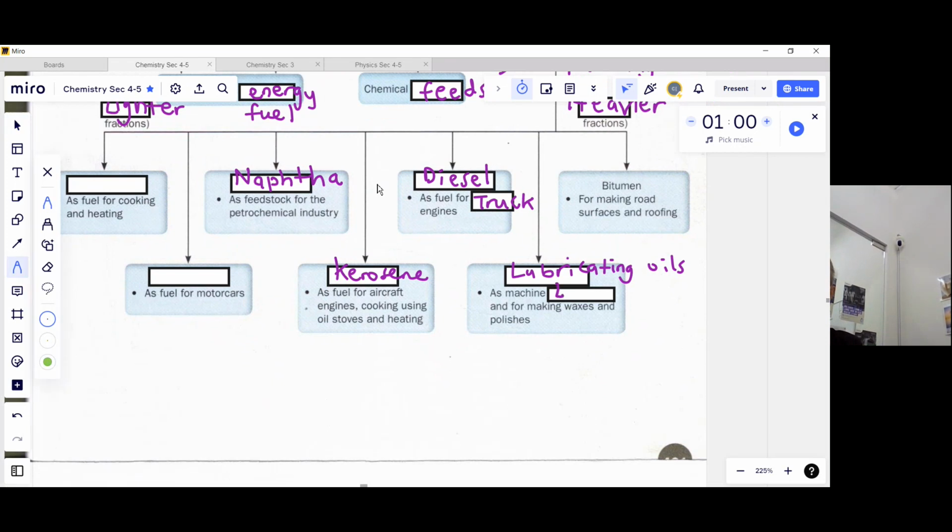As machine lubricant. Okay, I just read it out in case you also spell them wrongly.